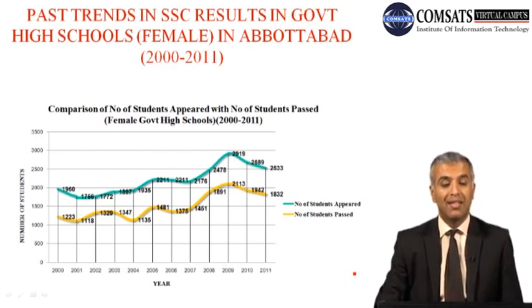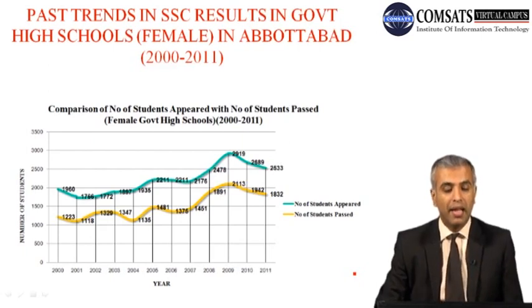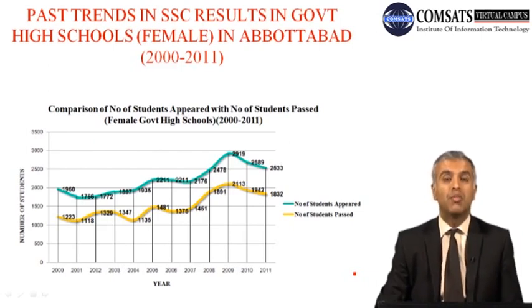You can see the same example which we discussed before for displaying the importance of the contingency table can be quoted here as well. As we discussed, we studied the pass percentage, or the number of students who appeared and passed over the past few years in board results, and this is another example of time series plotting.